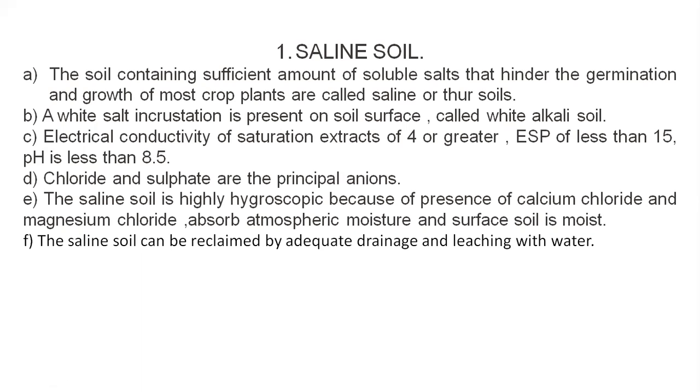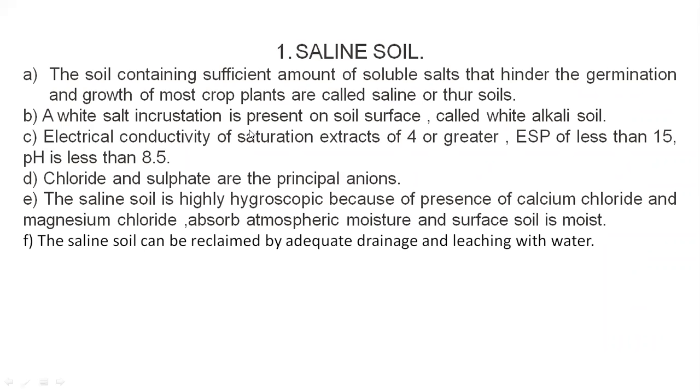Sometimes you might have found this type of soil somewhere in your region, especially exposed in Karachi University, in the field area, the open area where there is only soil or some vegetation. There you can easily find the white salt incrustation.